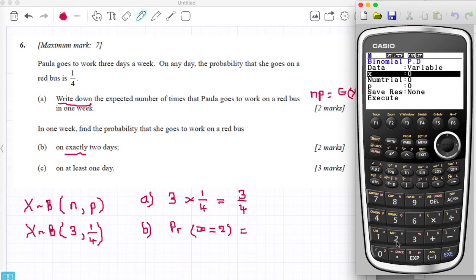X is how many days we're going to look at. X equals 2 here, 2 days that I want to go on a red bus. Number of trials, n, is 3. The probability of it being a red bus, 0.25. So I've got all my information in, and straight from my calculator, 0.141 to 3 significant figures.